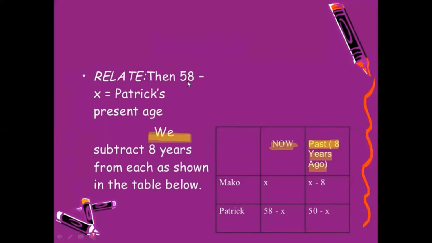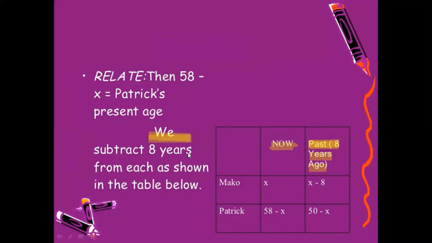So if you suppose X is the age of one person, out of that total we have to subtract the age of the first person to get the age of the other person. That's why it's simple mathematics: 58 minus X is Patrick's present age, and the second person, Marco, whose age was X.